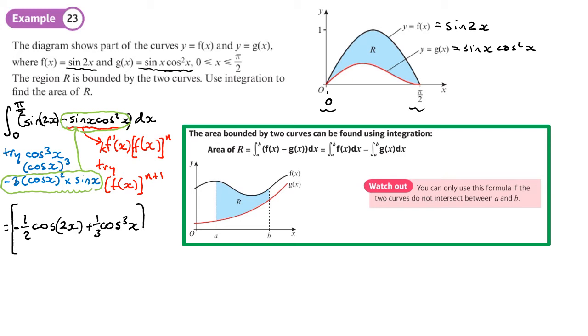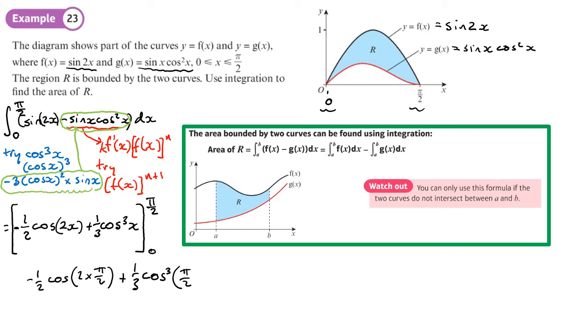Right, so now that's been integrated, and now we're ready to substitute in our limits, 0 and pi/2. So we'll get negative a half cos 2 times pi/2 plus a third of cos cubed pi/2.